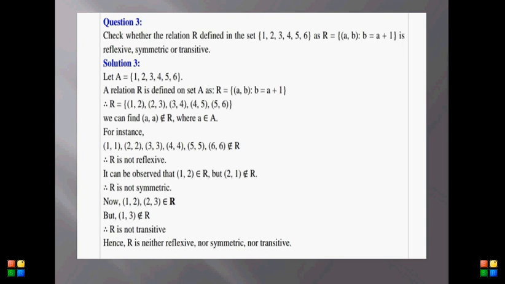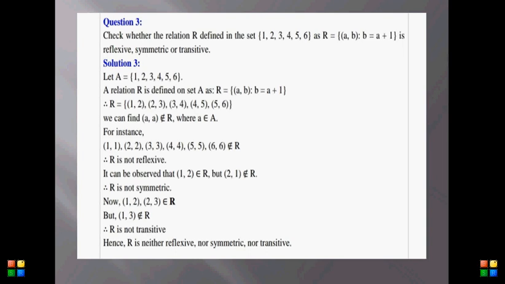For the solution, let A = {1, 2, 3, 4, 5, 6} be a set. A relation R is defined on set A as R = {(a, b) : b = a + 1}. So R is {(1, 2), (2, 3), (3, 4), (4, 5), (5, 6)}, because b = a + 1.